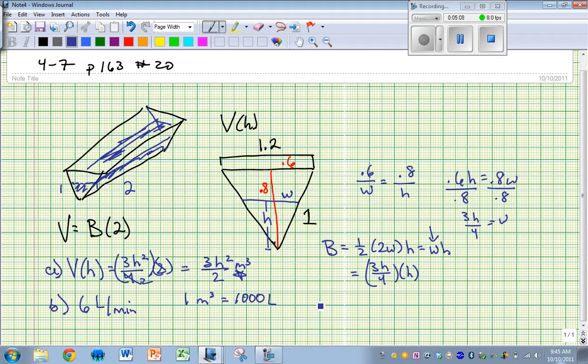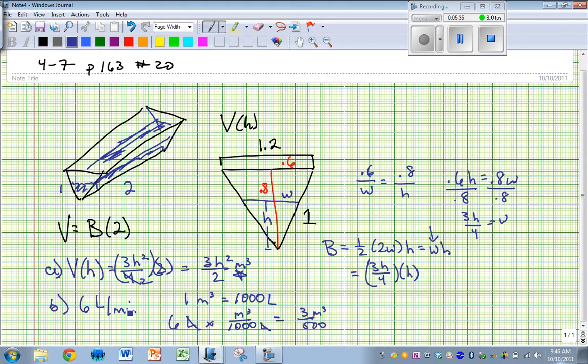So I need to convert this 6 liters per minute into meters cubed. I have 6 liters times 1 meter cubed over 1,000 liters. That will cancel out my liters, so it's going to give me 3 meters cubed over 500.